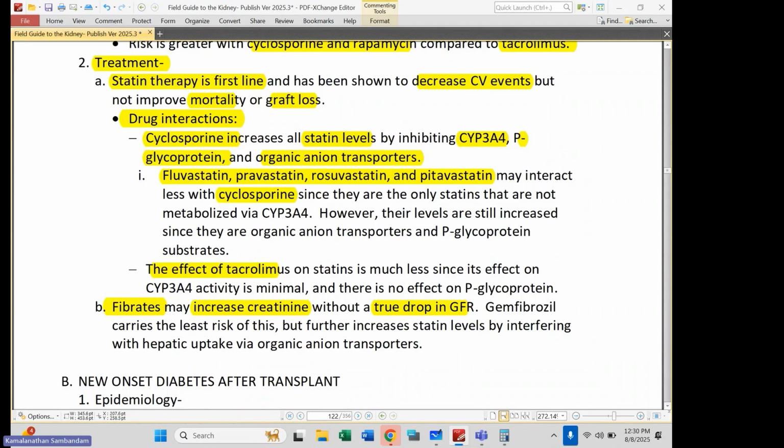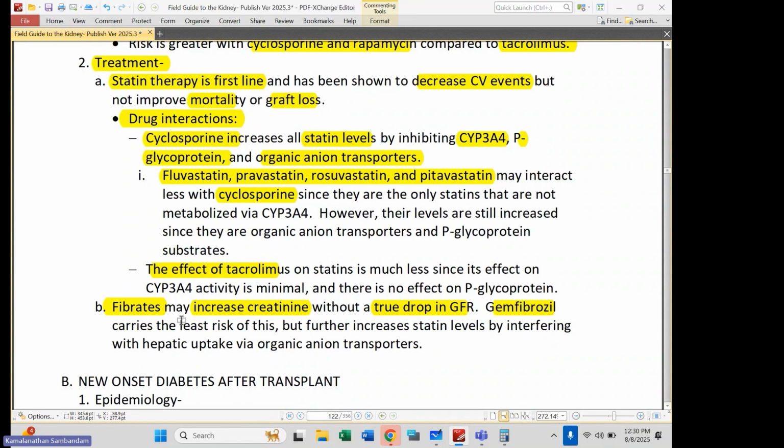Remember, when you're using fibrates and statins together, there's an increased risk of things like rhabdo and hepatotoxicity. So as long as you're not having rhabdo, the increase in creatinine with fibrates may not be a drop in GFR, but may be related to changes in creatinine kinetics.